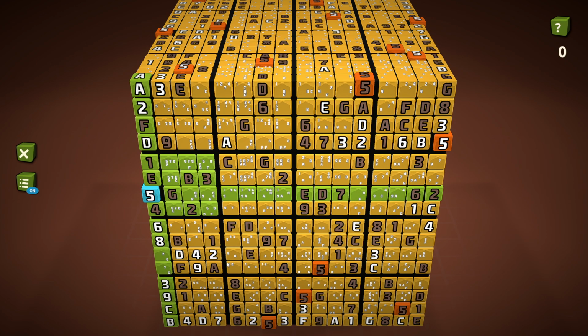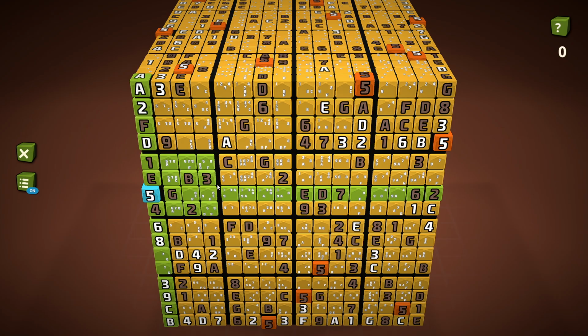So it has to be one of those. Top 2 rows. 5's only the top 2. 5's in all 3. 5's in just the middle 2. So right 2, 5's in all 3.